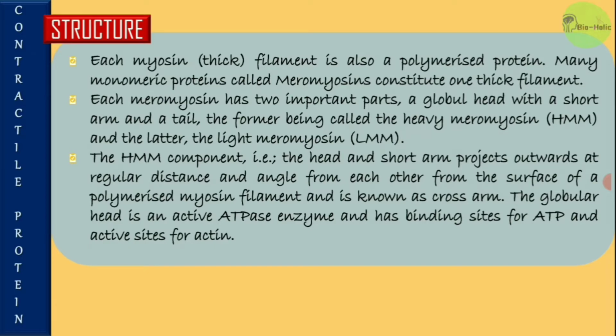The HMM component, that is the head and short arm, projects outwards at regular distance and angle from each other from the surface of a polymerized myosin filament and is known as cross arm. The globular head is an active ATPase enzyme and has binding sites for ATP and active sites for actin.